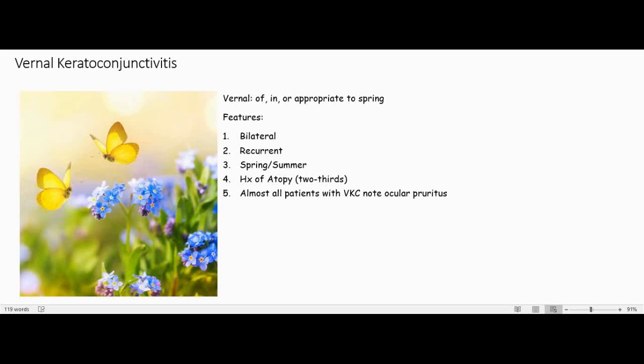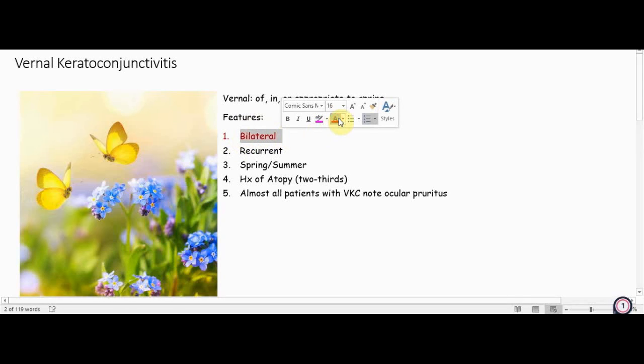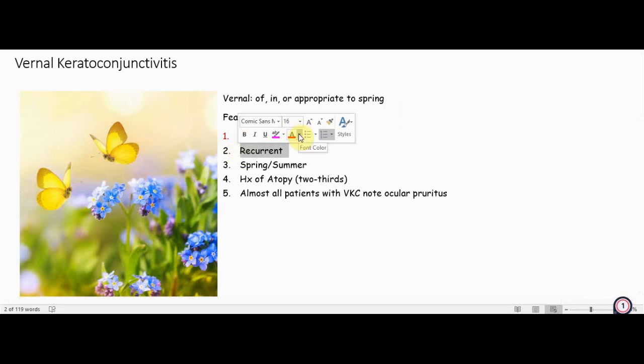So in any scenario of vernal keratoconjunctivitis, they will most likely mention a boy who is 12, 13 or 15 years of age who will present to you with the signs and symptoms of conjunctivitis, which is bilateral and recurrent. What does bilateral mean? Bilateral basically means that both the eyes will be involved. The pathology will involve both the eyes, and in the scenario it will be mentioned that the complaint is recurrent.